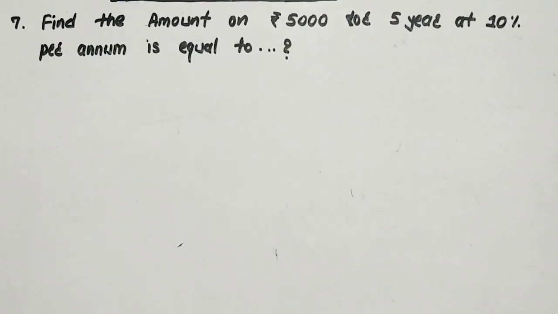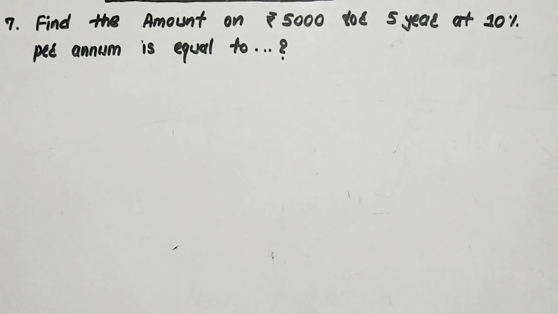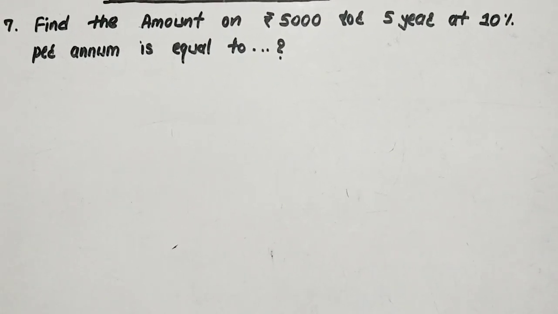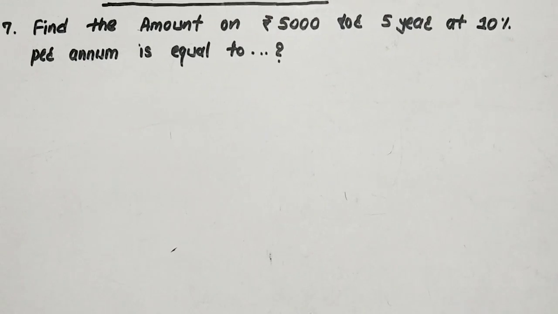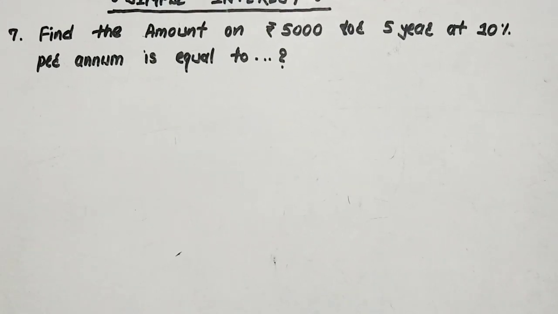So example number 7, find the amount on rupees 5,000 for 5 years at 10% per annum is equal to, right? So यहाँ पे here we find out the amount on rupees 5,000 for 5 years at 10% per annum.